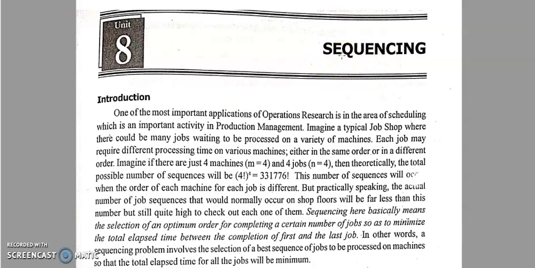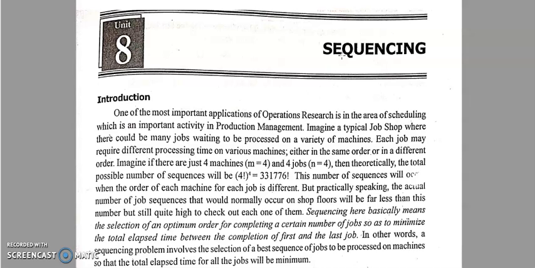See, there are so many machines and so many jobs to be manufactured in the industries. One of the areas where operation research is concerned is production management. There are so many machines and so many jobs, and the order in which those jobs are to be processed on different machines is very important in finding the total minimum elapsed time.